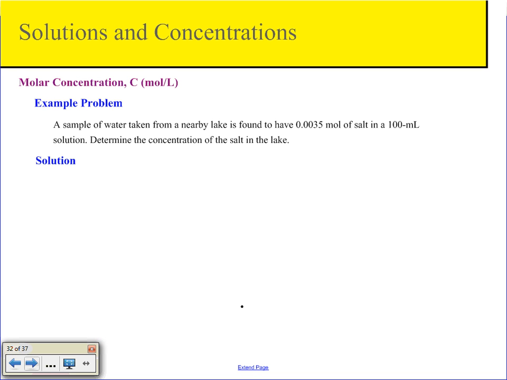A sample of water is taken from a nearby lake and is found to have 0.0035 moles of salt in 100 milliliters of solution. Determine the concentration of the salt in the lake. Well, what do I know? I know the number of moles of my solute, in this case 0.0035 moles. I know my volume is 100 milliliters, but we need it in liters.